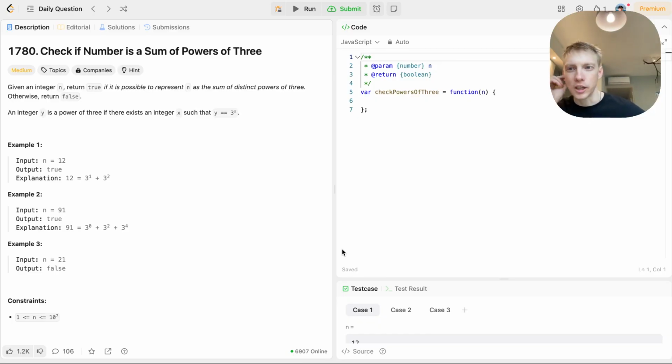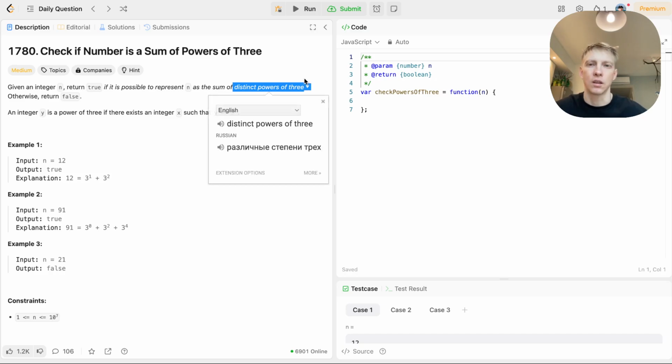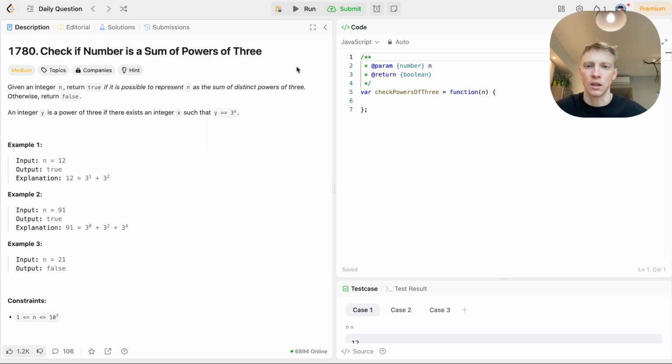Medium. Check if number is a sum of powers of 3. Given an integer n, return true if it is possible to represent n as the sum of distinct powers of 3. Otherwise, return false.